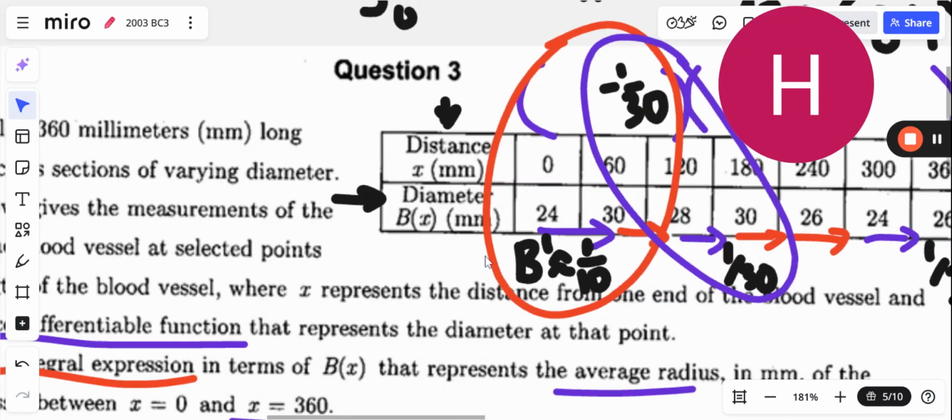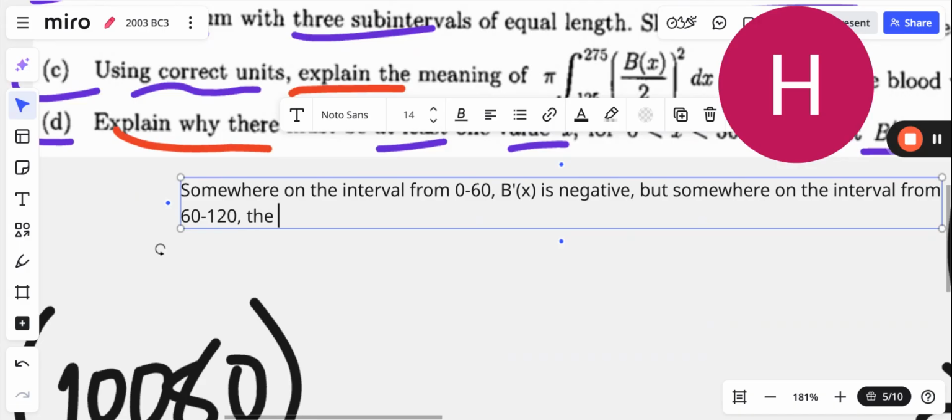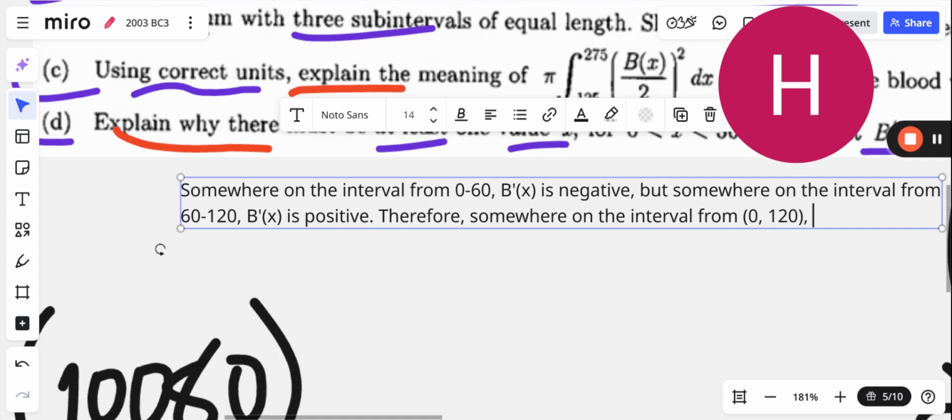Am I talking out of my ass here? No, that's right. B prime is positive, therefore, somewhere on the interval from 0 to 120, B double prime must be positive.